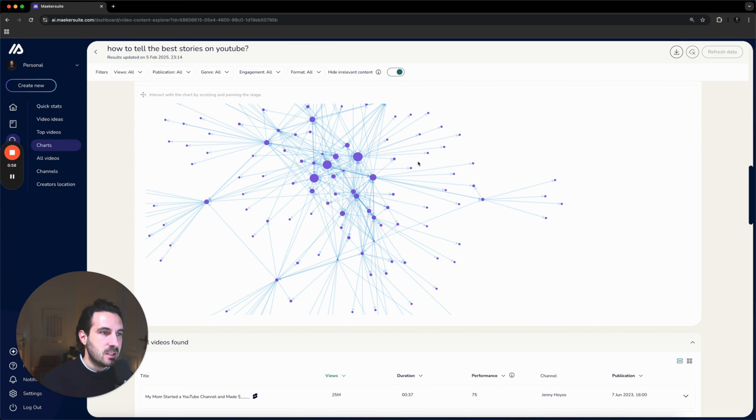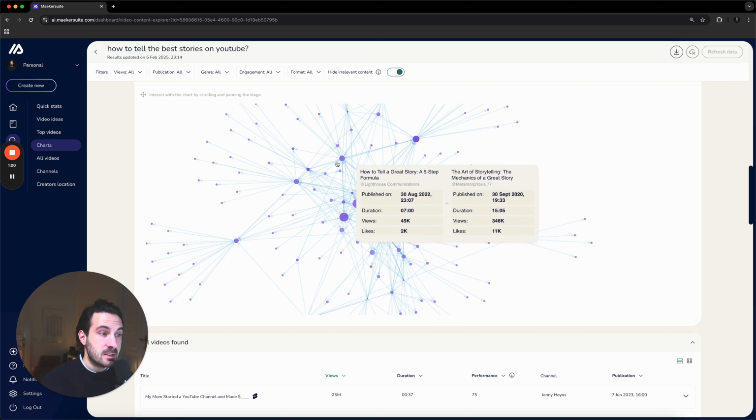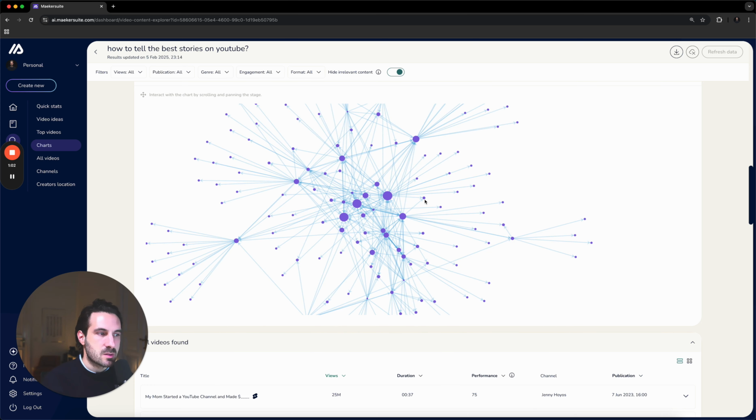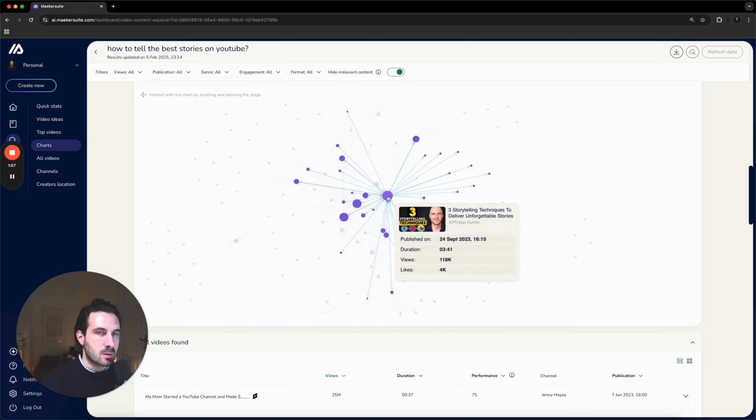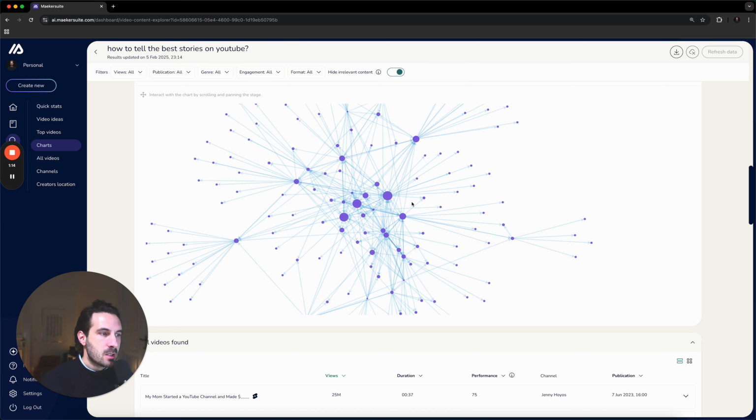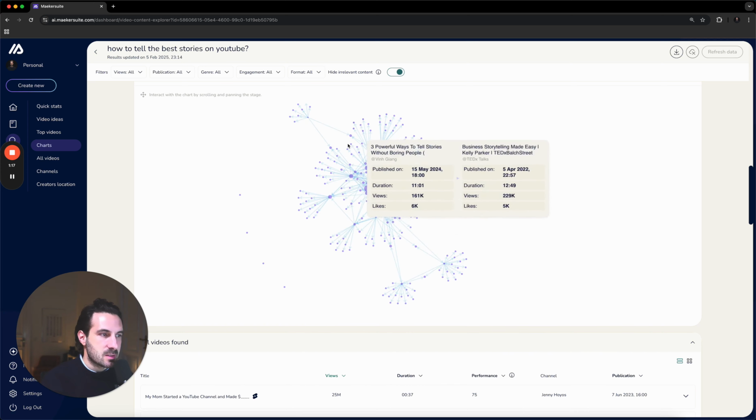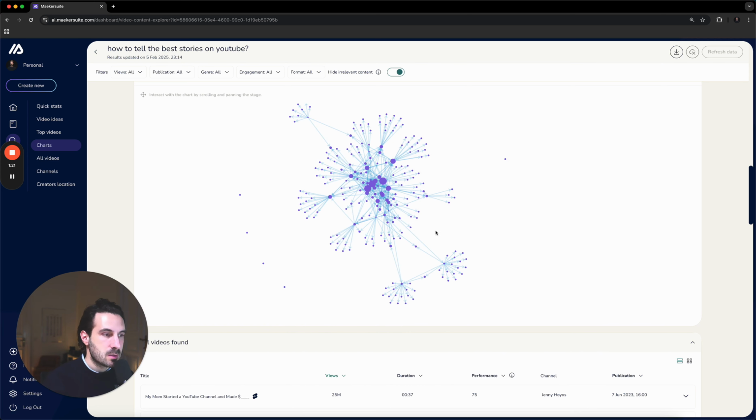And what you can see here is that in this network, there are certain videos that are more important than others. And these videos are the ones where the circle is bigger and where you see a lot of arrows going in and out of that node in that network. So why is that? What you see here is essentially how YouTube recommends content to users.